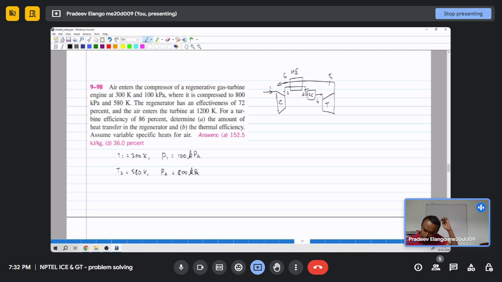Air enters the turbine at 1200 Kelvin, so that means T4 is 1200 Kelvin, and the turbine efficiency is 0.86. The amount of heat transfer has to be found.